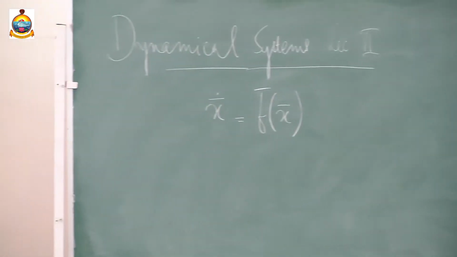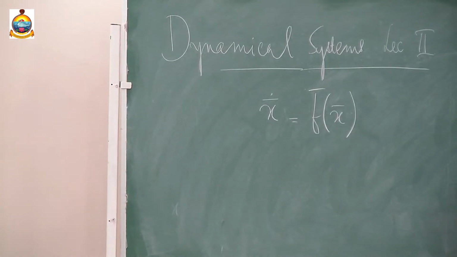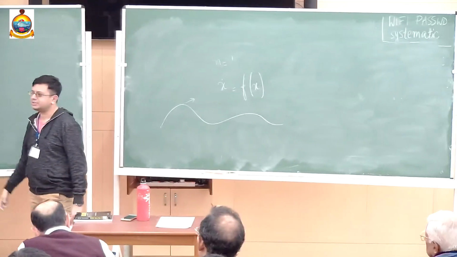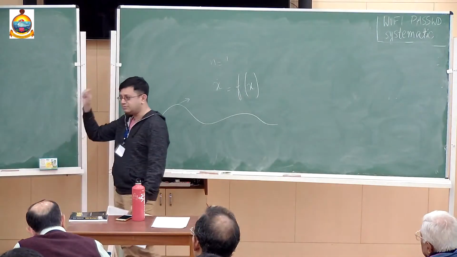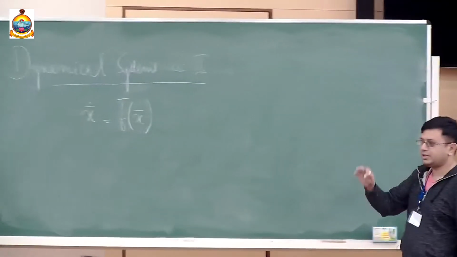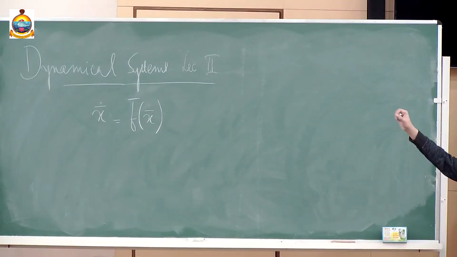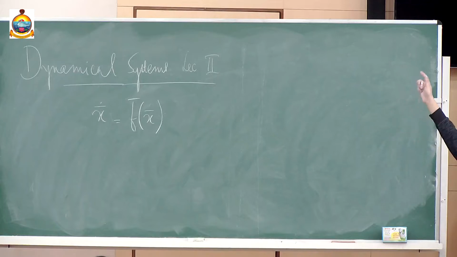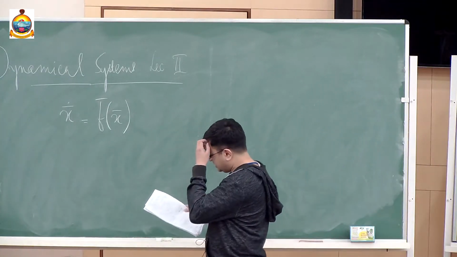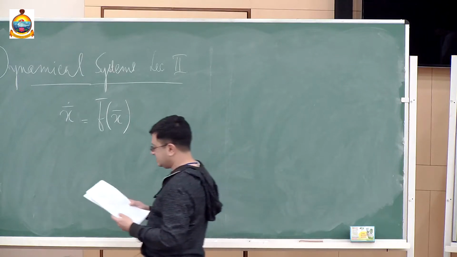What I had said yesterday is that if you give me the initial condition, one phase space point, since these are first order differential equations, given this initial point, I should be able to tell you what is the fate of the representative point at some arbitrary t, because that is just a property of the first order differential equation.